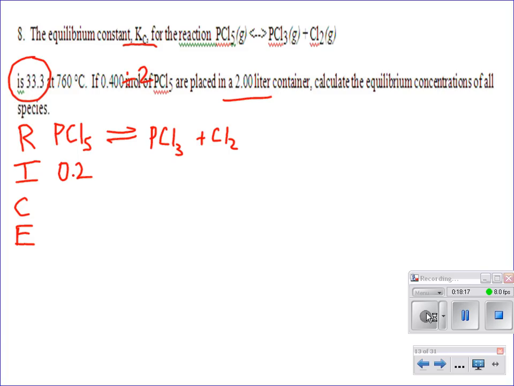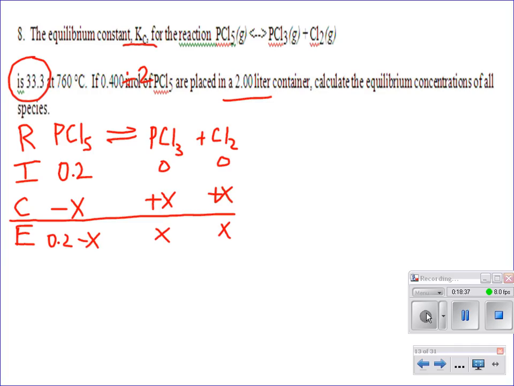And then it goes to equilibrium, so we start with none of this. So in order for this to get to equilibrium, a right shift has to occur. How much do we lose? X, and we gain X, and we gain X. So we end up with 0.2 minus X, X, and X. Okay, that's all I have.